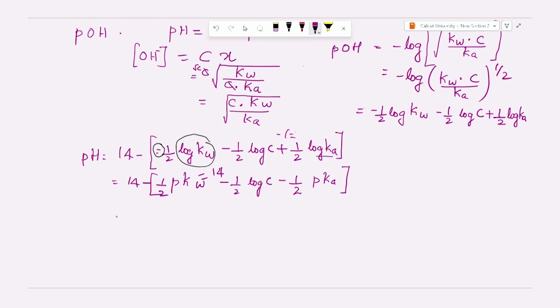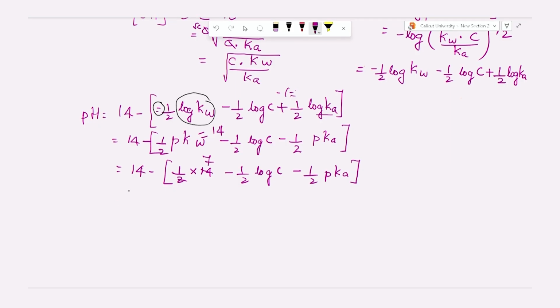So, again 14 minus the bracket, half into 14, minus half log C, minus half pKa.